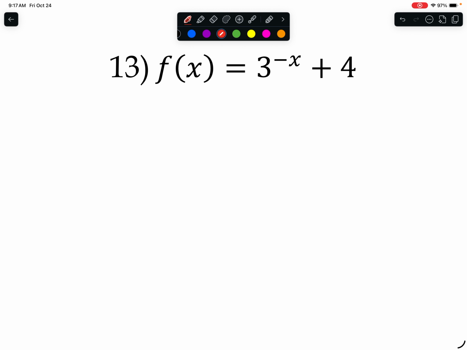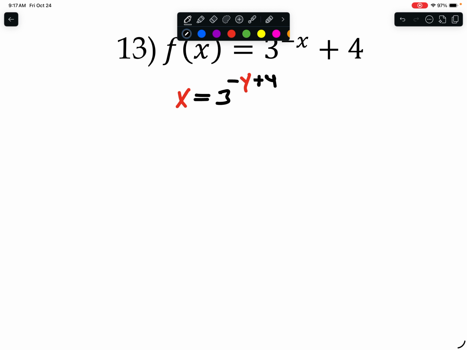So once again, 13, so we're going to rewrite this as x equals 3 raised to a negative y plus 4. So there's no vertical transformations that I can get rid of, so the exponential value here is already isolated, so I'm just good to just go ahead and rewrite. So this will be log base 3 of x is going to equal the argument.